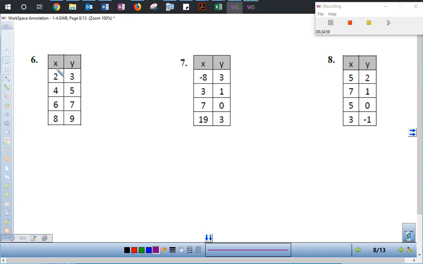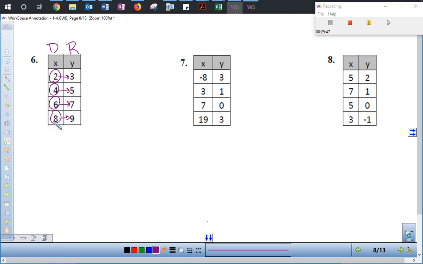So on number 6, they're pairing the x value of 2 with the y value of 3. Now remember, x values were domain, y values were range. So 2 is paired with 3. 4 is paired with 5. 6 is paired with 7. And 8 is paired with 9. So what I want to make sure, first of all, is that every single element of my domain is different. 2, 4, 6, 8.